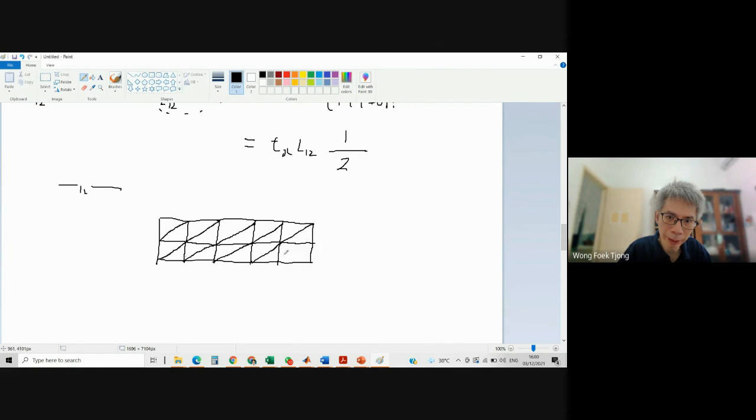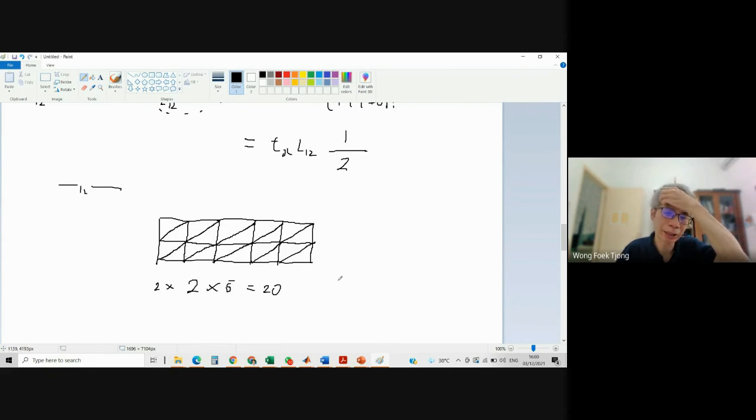This is what I mean by 2: 2 subdivisions in the vertical direction. And what I mean with 5 is 5 subdivisions in the horizontal direction. The total number of elements, of course, how many? 20, right? 2 times 5 times 2, so 20 elements.